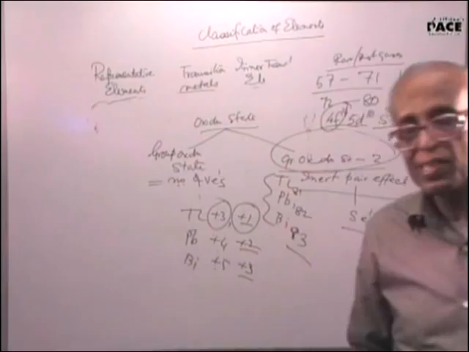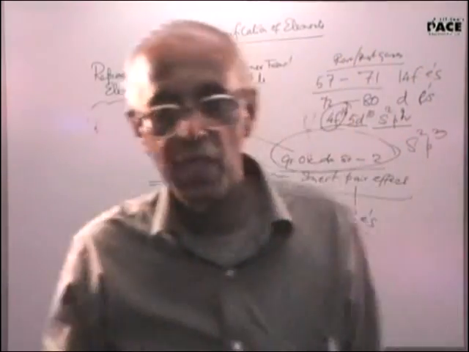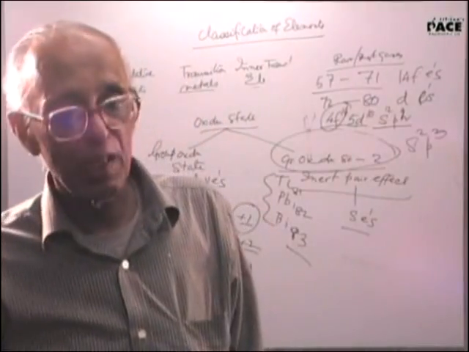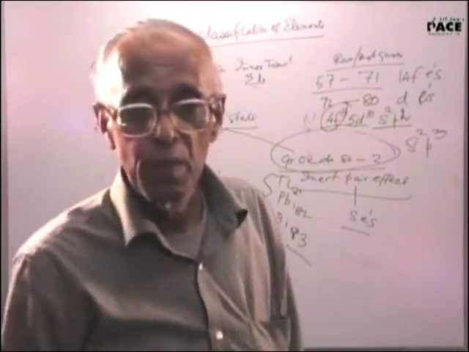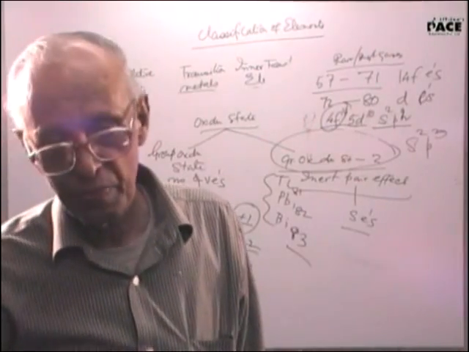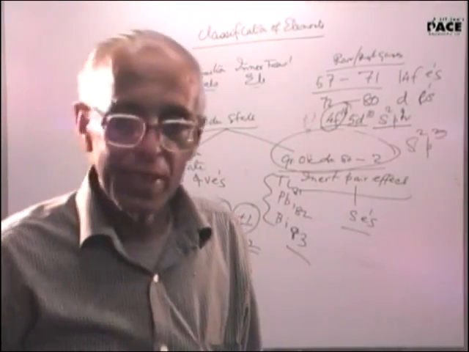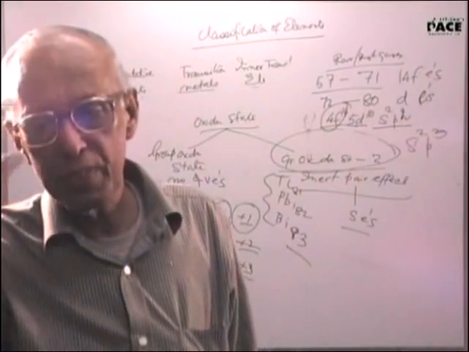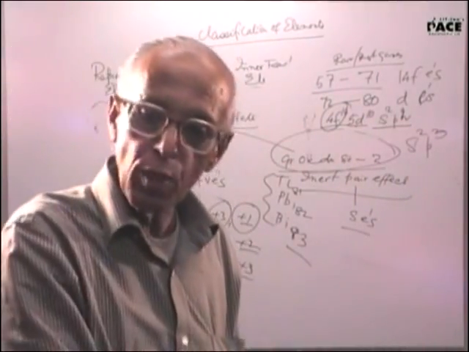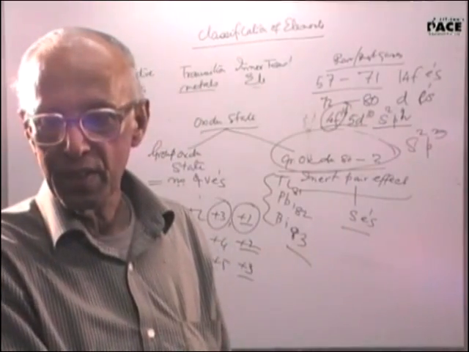And what is the proof that the system becomes unstable if I remove the s electron? Because thallium +3, lead +4, bismuth +5 will behave like strong oxidizing agents. What is an oxidizing agent? One which accepts electrons. Why does it accept them? To come back to the lower, more stable oxidation state.